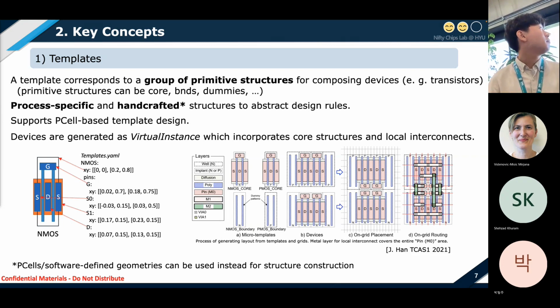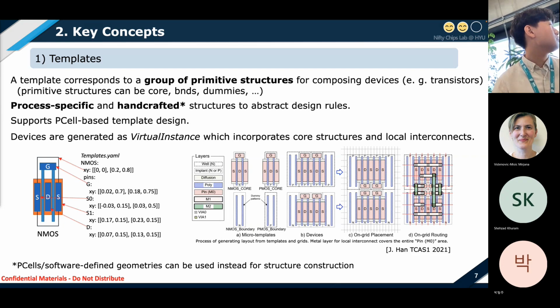Also, P-cell-based template generation was updated a few days ago, and template transistors are created by placing well-designed primitive devices and routing local interconnects. And this transistor is not located in your Virtuoso library because it is treated as a virtual instance class, so it does not exist in your Virtuoso library.